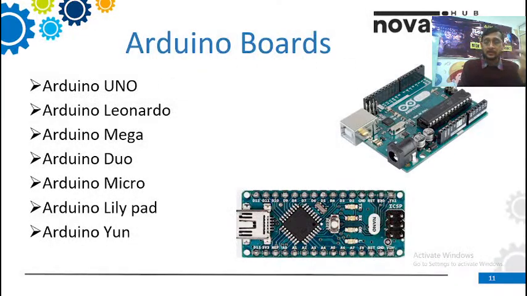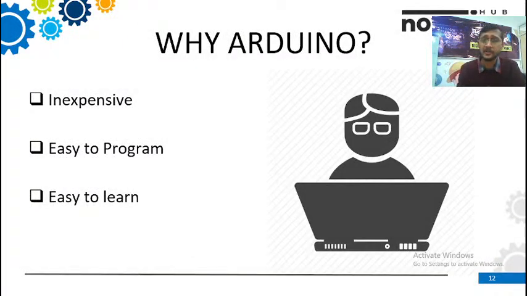Now, as I told you earlier, there are also types of Arduino boards, the same as Arduino Uno, Leonardo, Mega. It all depends on your application and what you are actually going to make.